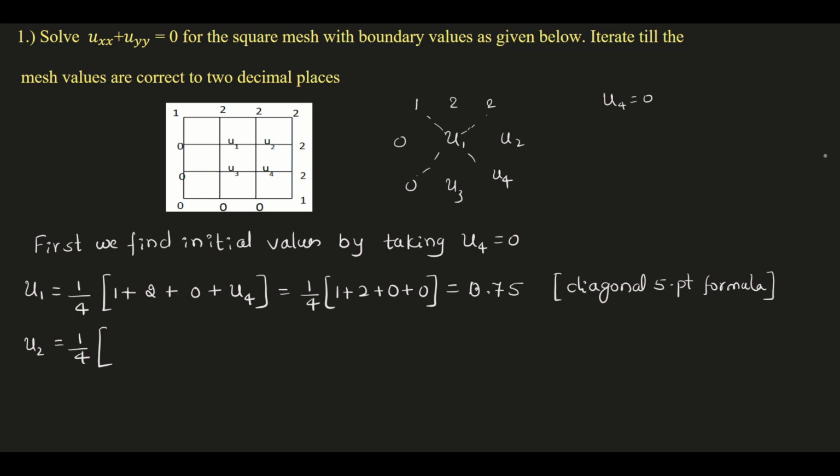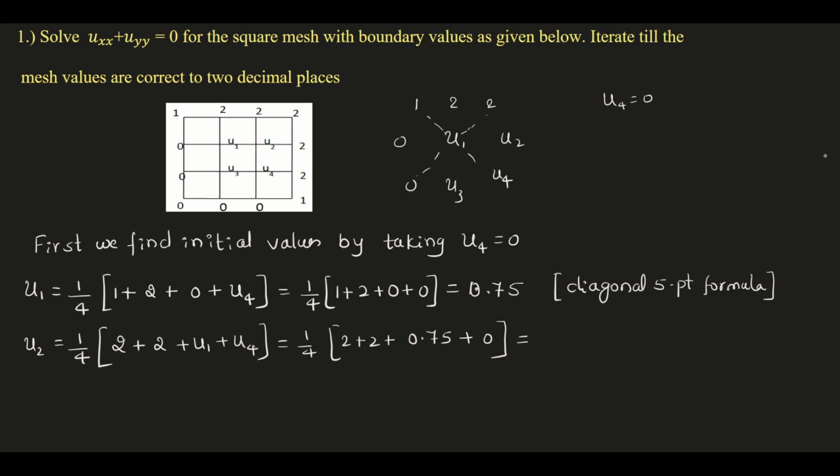So you have to use the standard 5-point formula only. Now it is 2 plus 2 plus u1 plus u4. So 1 by 4, 2 plus 2, u1 is 0.75 which we just found, plus u4 which we assumed as 0.